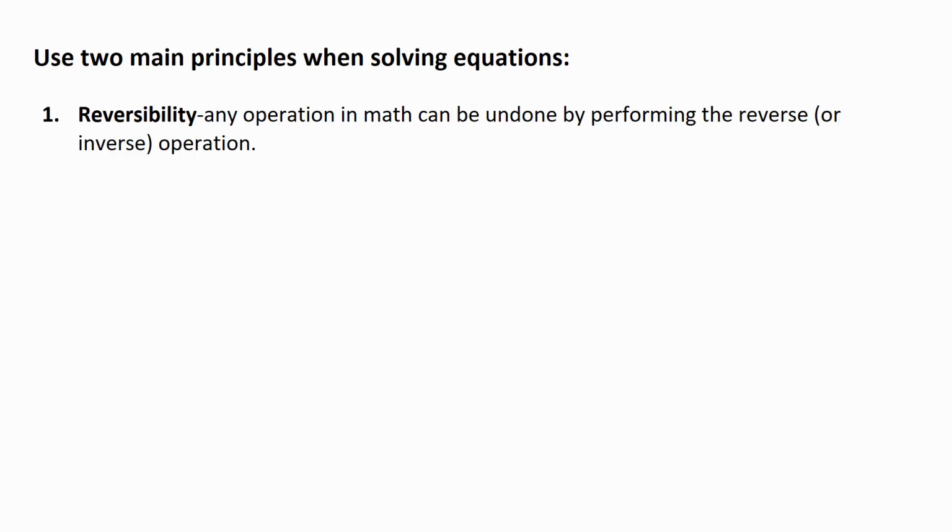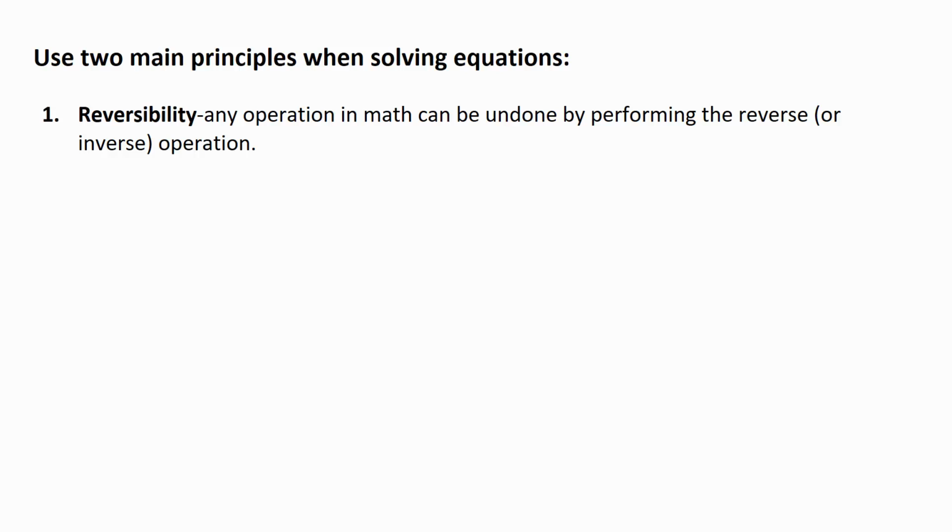If you want to reverse adding 2 to a number, you subtract 2. If you want to reverse multiplying by 8, you divide by 8. And if you want to reverse subtracting 1.2, you add 1.2. This is not a new idea, right?